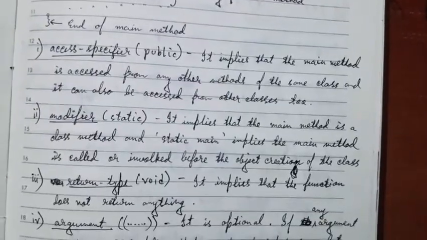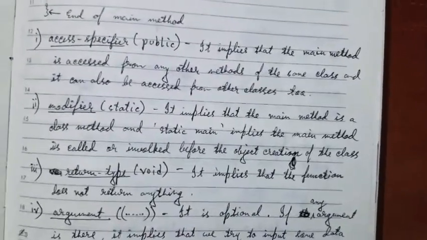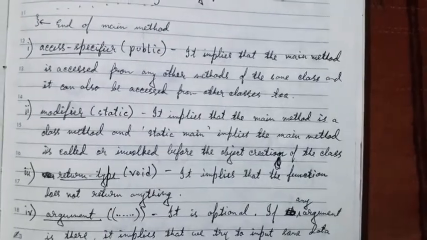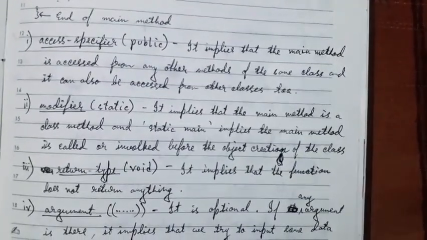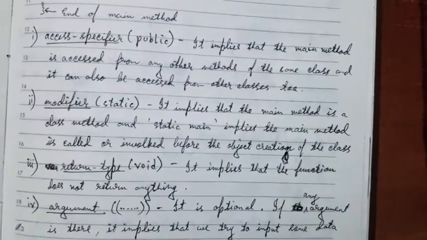First is the access specifier, which here is public. So what is an access specifier? It implies that the main method can be accessed from any other methods of the same class, and it can also be accessed from other classes too.